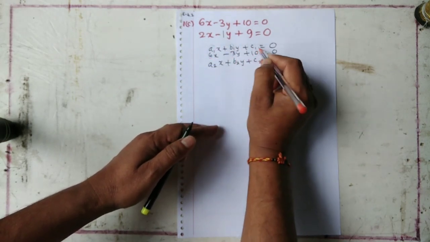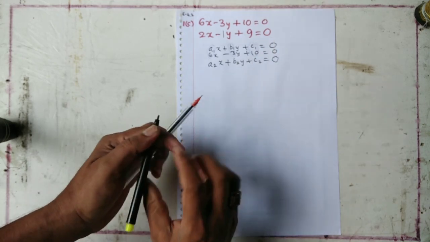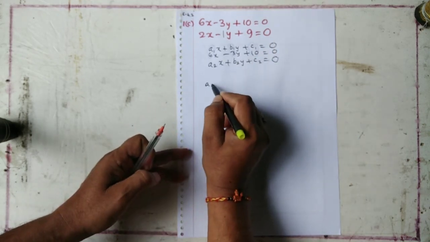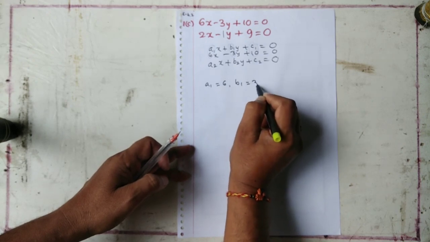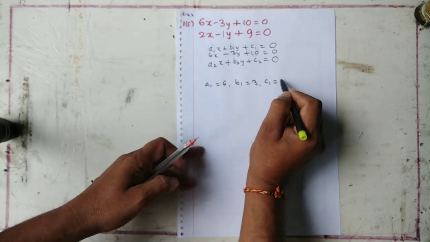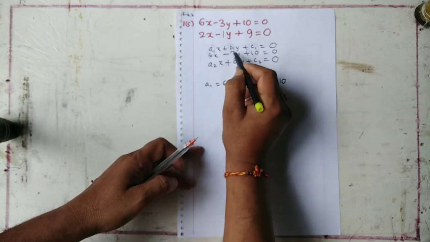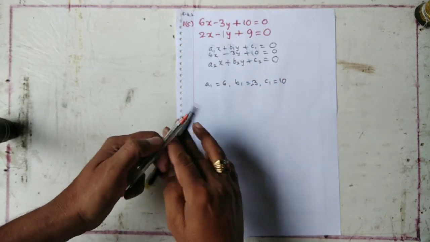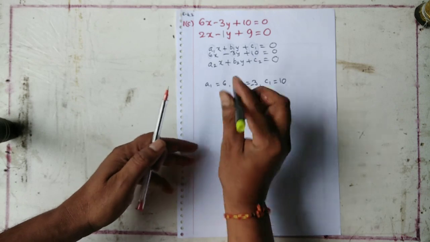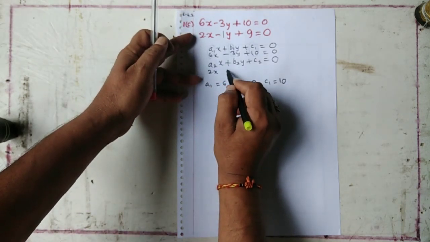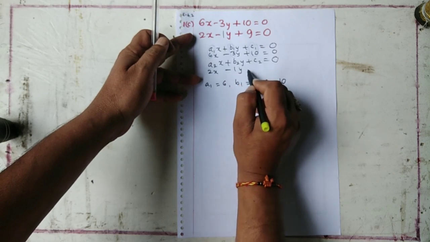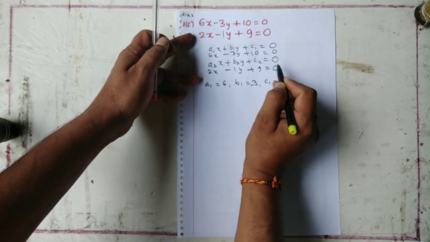We have a1 is equal to 6, b1 is equal to minus 3, c1 is equal to 10. And the second equation 2x minus 1y plus 9 is equal to 0.